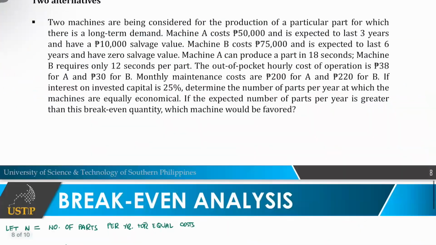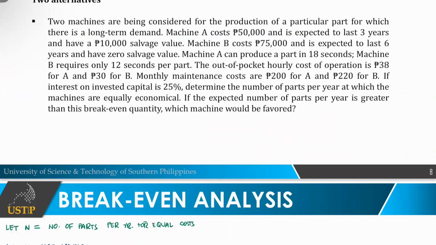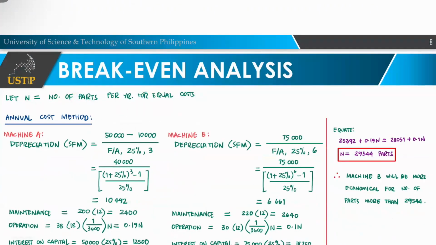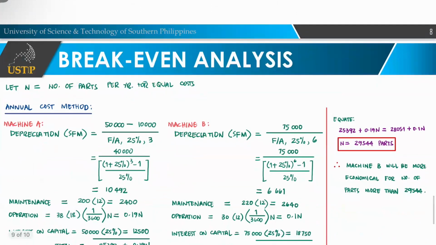Not just because the problem asks for it, but also because we have to identify which machine is better given our break-even value. Okay, so we have n number of parts per year for equal cost. So we'll use here the annual cost method.